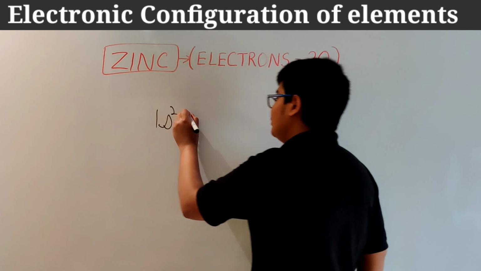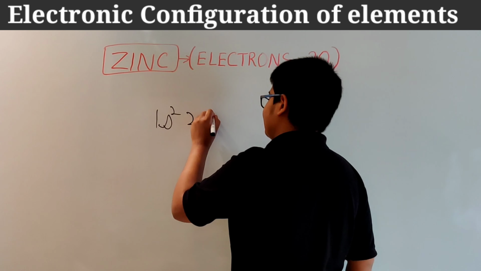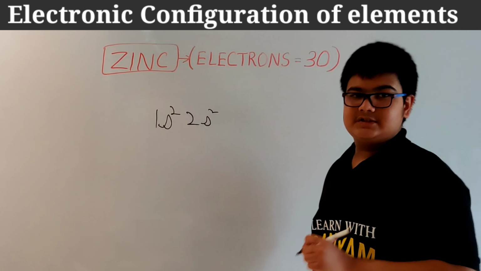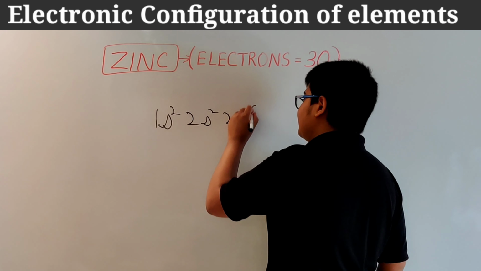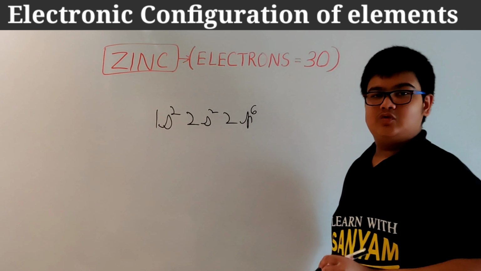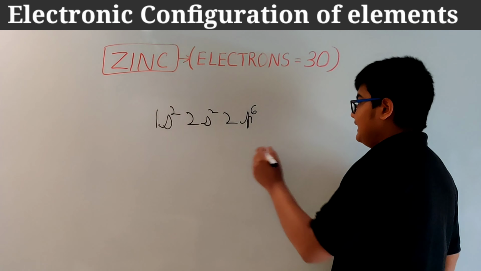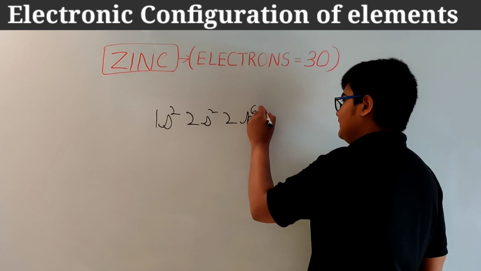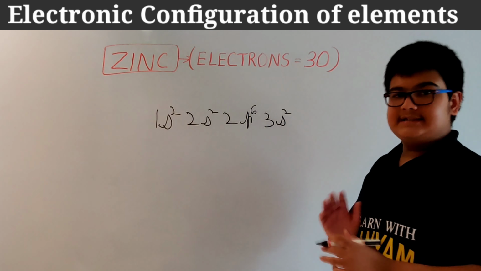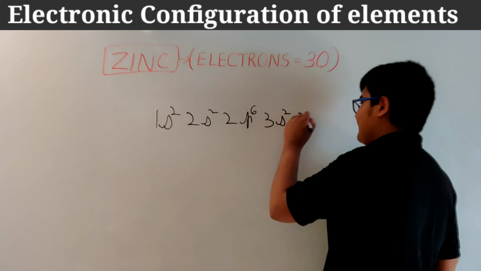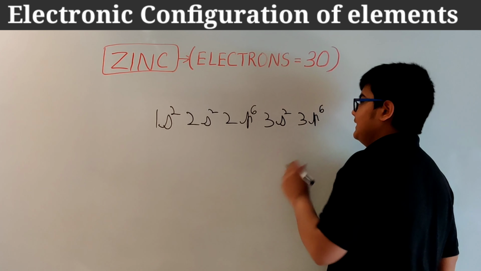Next we will fill the 2s orbital, which again has a capacity of 2 electrons, so 2s2. Next we will fill the 2p orbital, and that has a capacity of 6, so 2p6. Next in the energy order is the 3s orbital with a capacity of 2 electrons. Next is the 3p orbital with a capacity of 6 electrons, and so on.